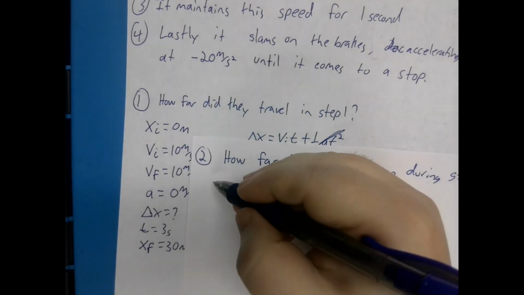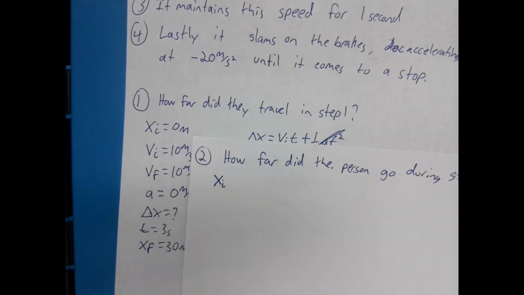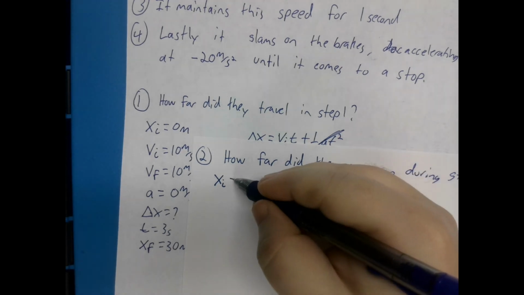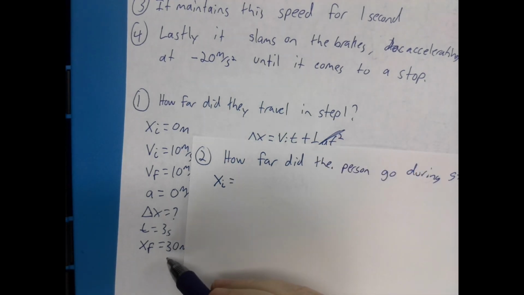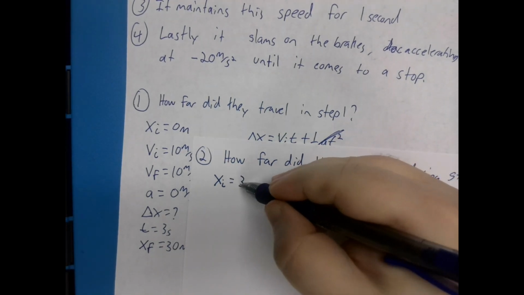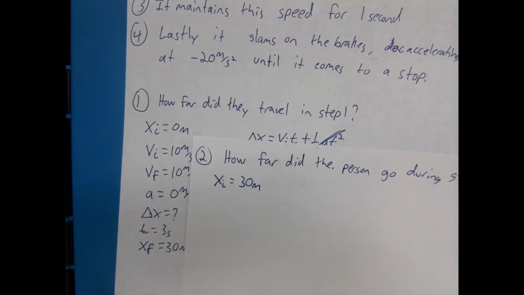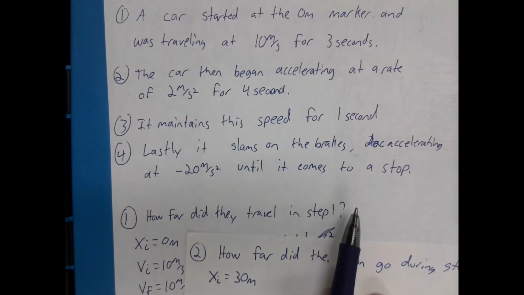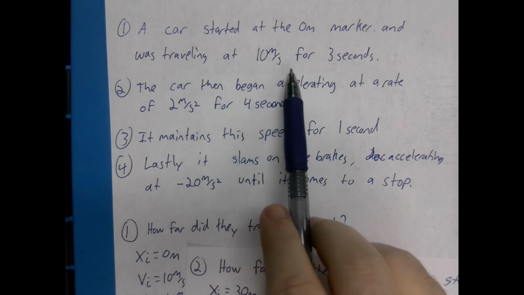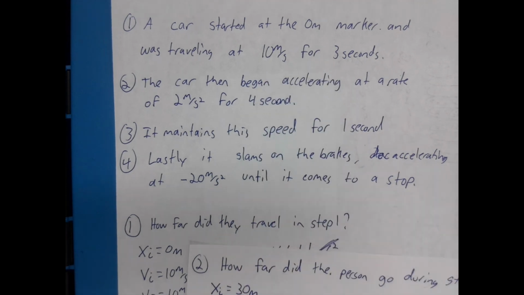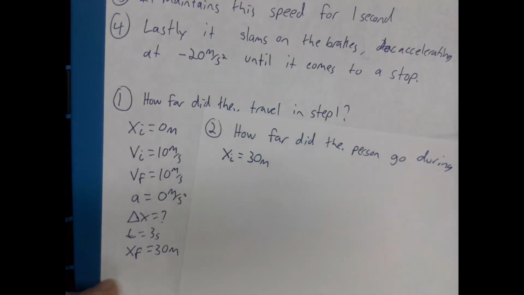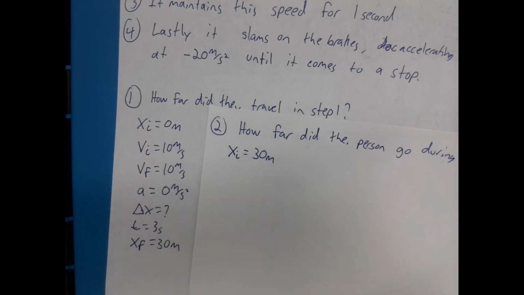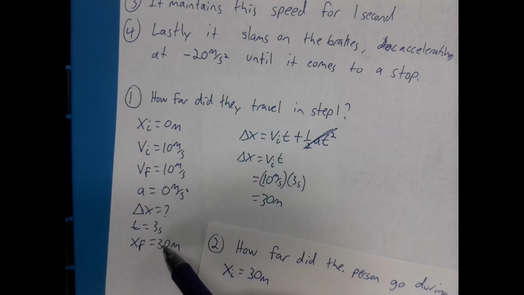Our initial starting location at step 2 is going to be the final position of step 1, right? We're currently at the 30 meter mark. During step 1, you're going 10 meters per second for 3 seconds. You start at the 0 meter mark, and now we've made it to the 30 meter mark.